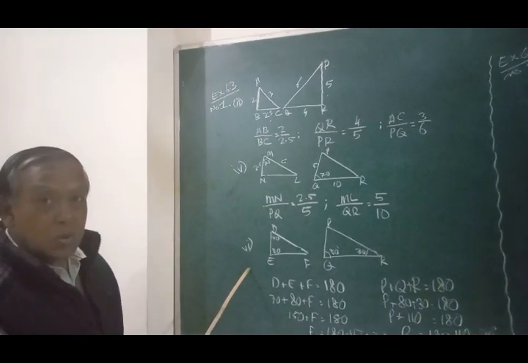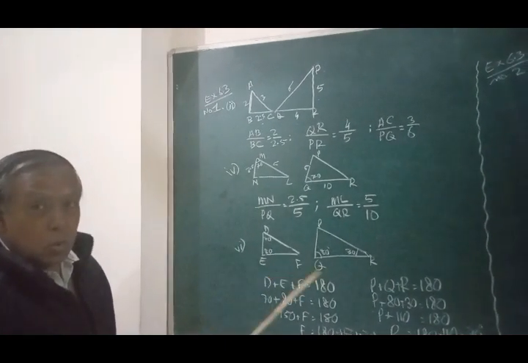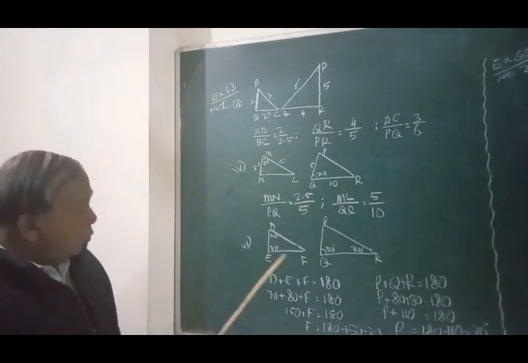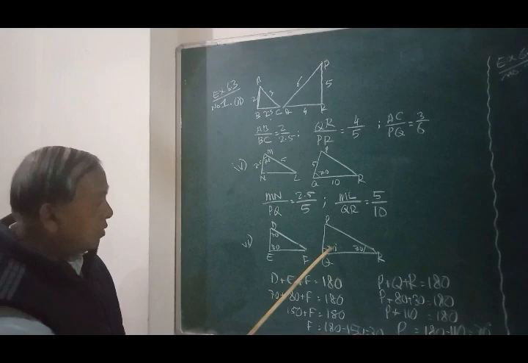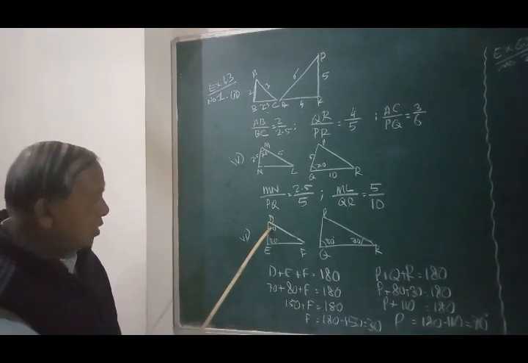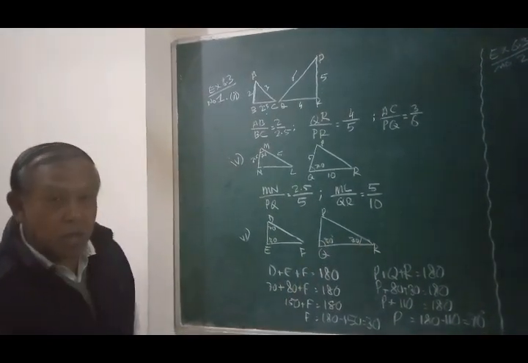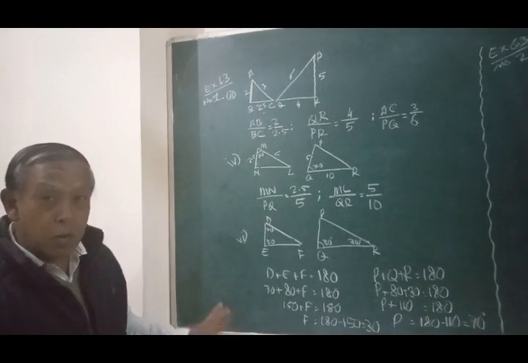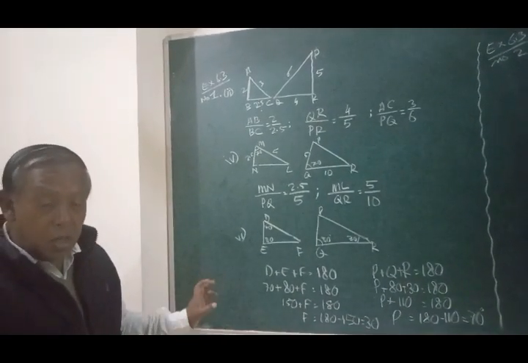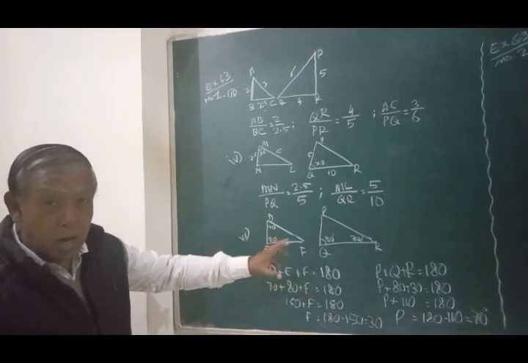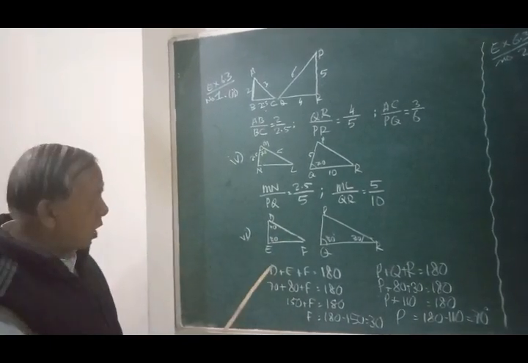Question number 6. We have given two triangles where two angles are the same, 80, 80, and here 70, here 30. Certainly they are not equal. But we find out, are the three angles of one triangle equal to the three angles of the other? Look at what's happening.